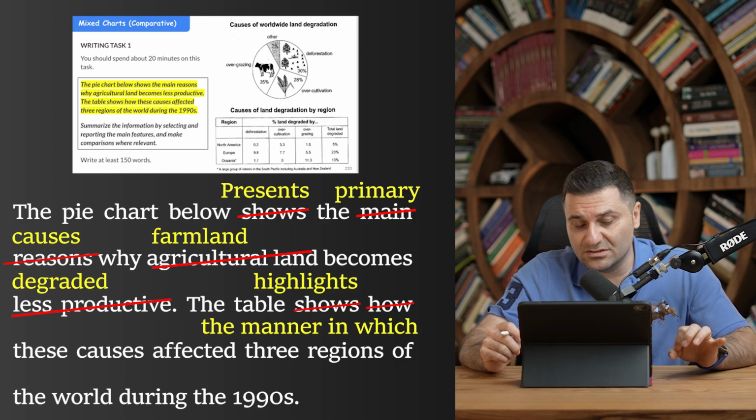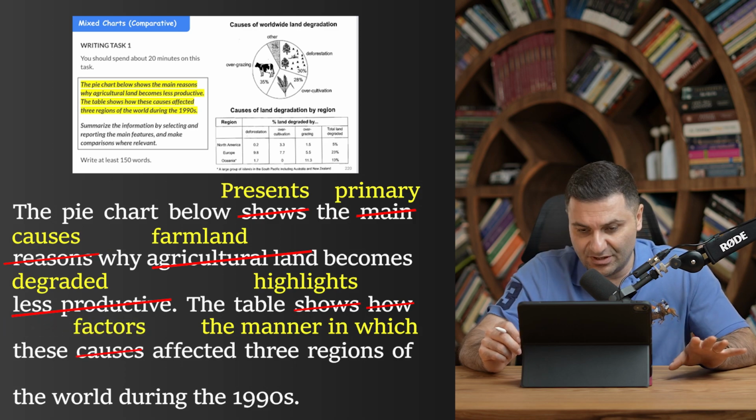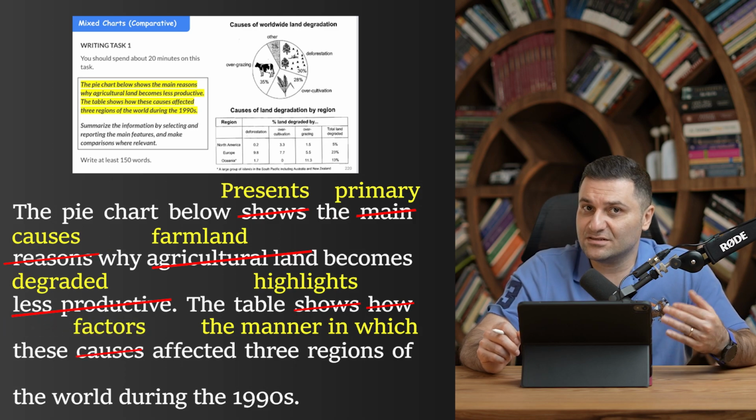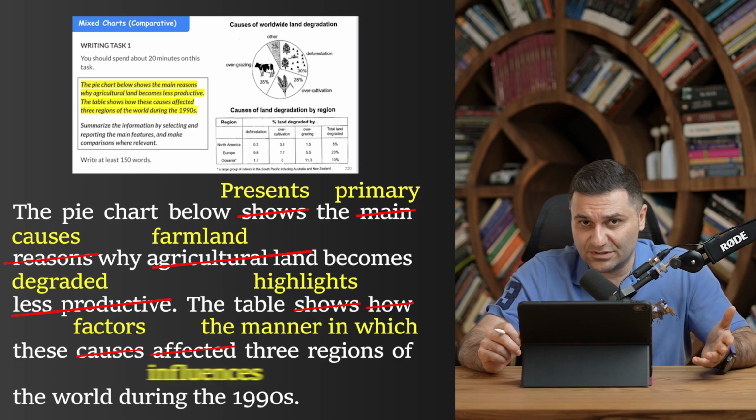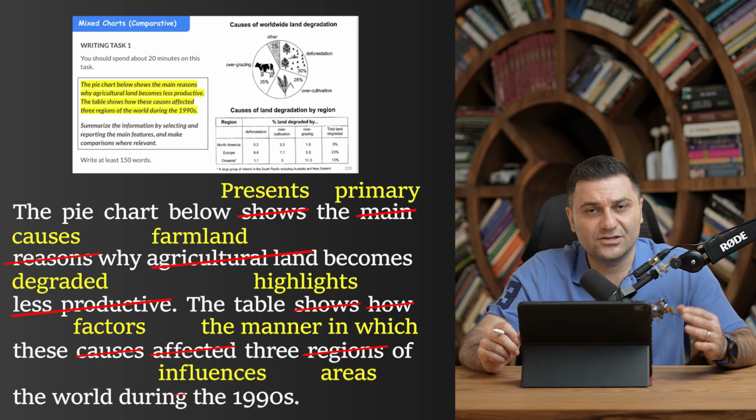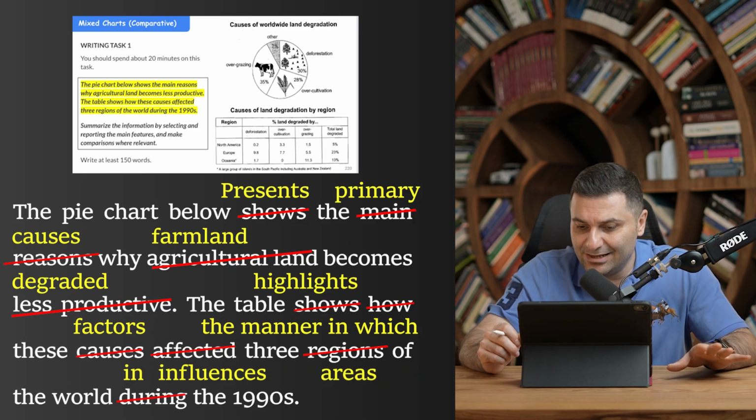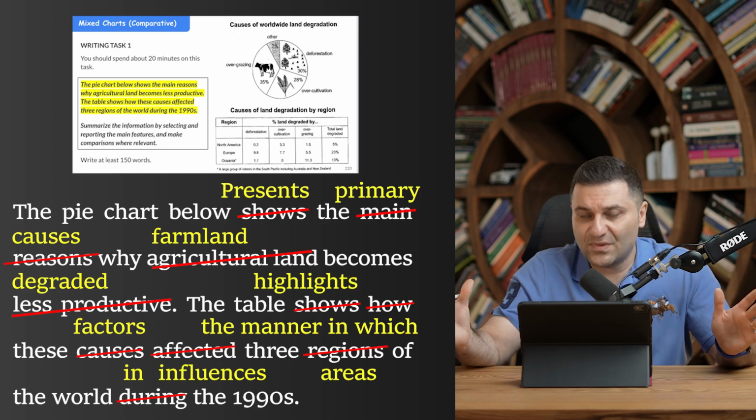These causes, again, we have the word cause. So instead of cause, we can write factors. Affected. Instead of affected, we can write influenced. 3 regions. Instead of regions, we can write areas of the world. During. Instead of during, we can write in. And yeah, that's it. All right.